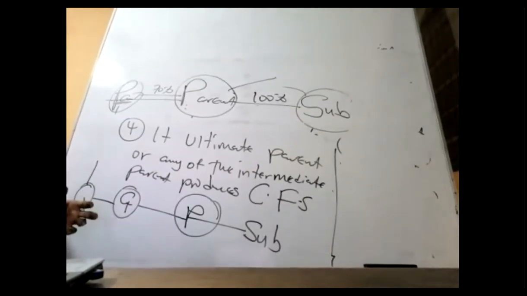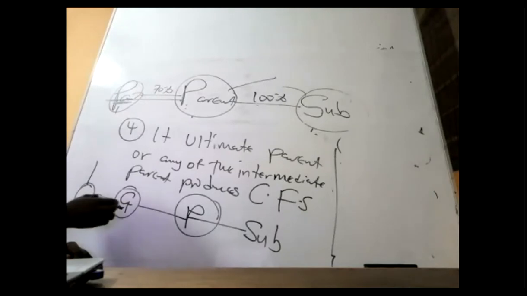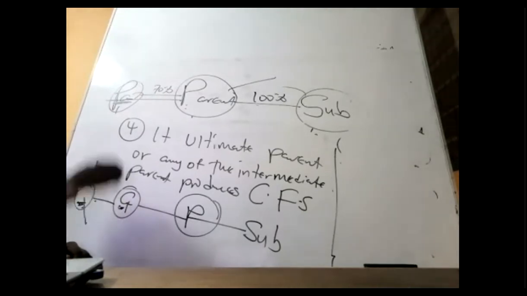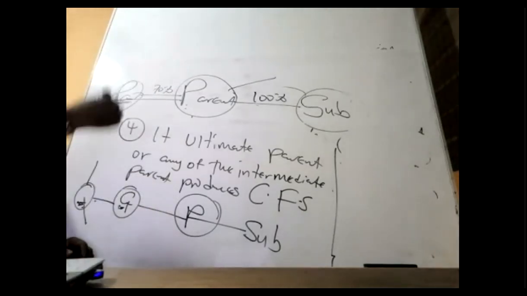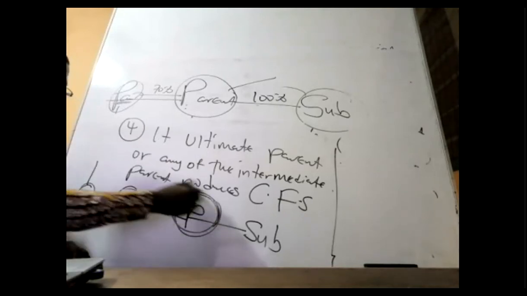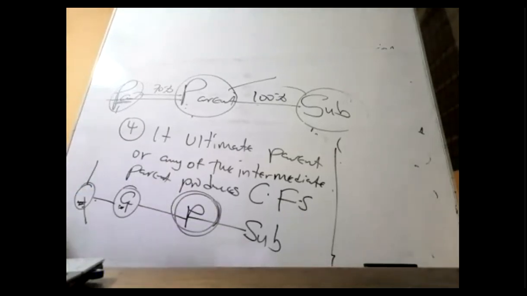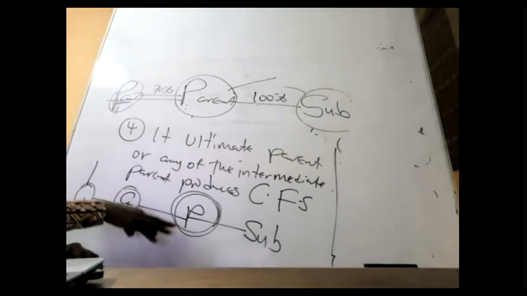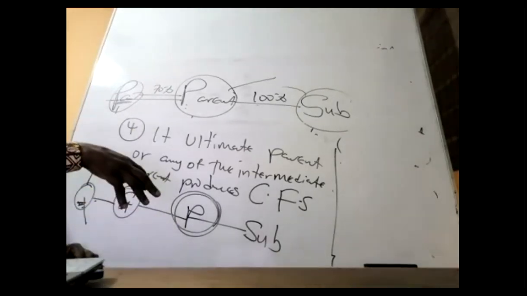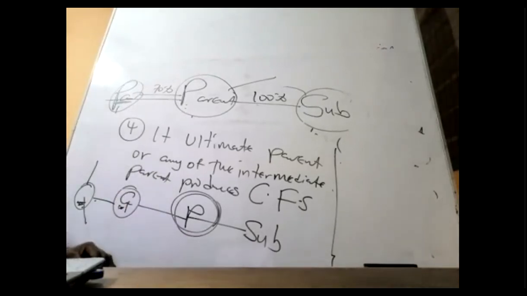So the intermediate parent within a particular group, if any of them produces consolidated financial statements, publicly available and complying with IFRS, they are not required to prepare consolidation. Because there was a situation whereby somebody will claim ownership over you and you don't claim ownership over someone. So take note of this.